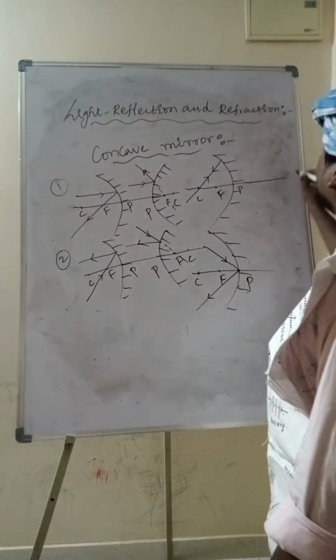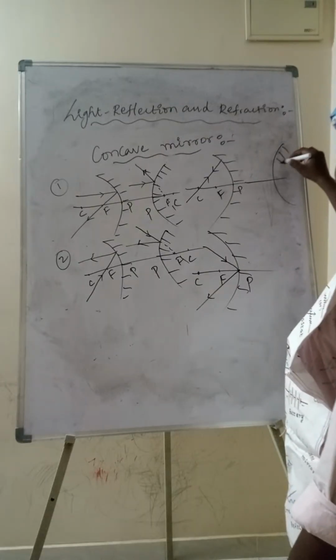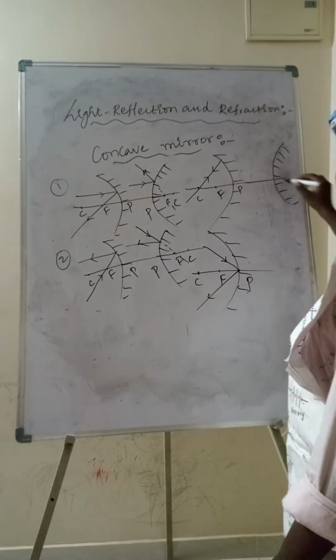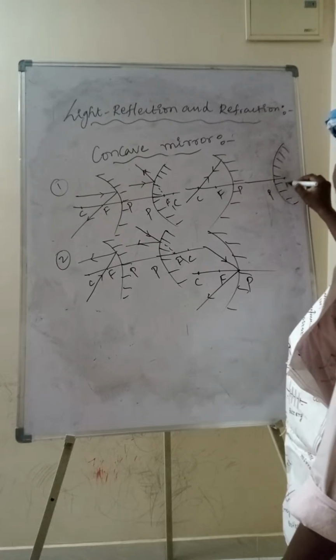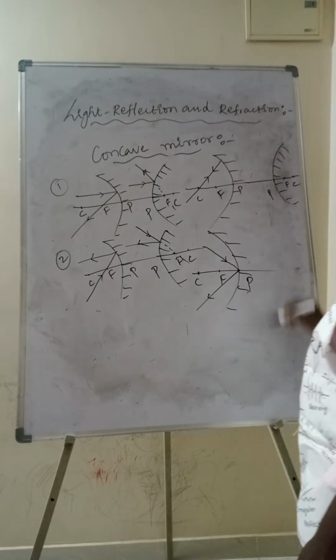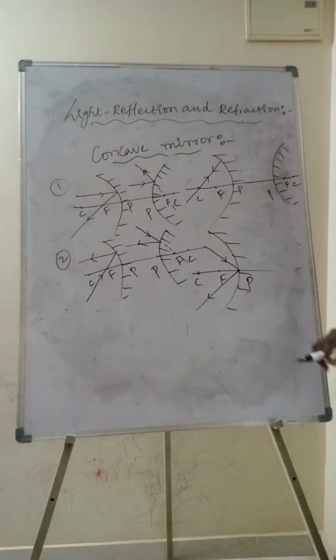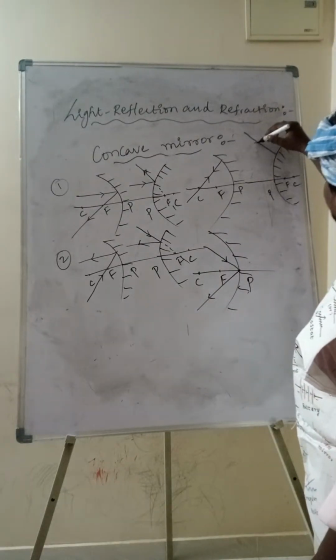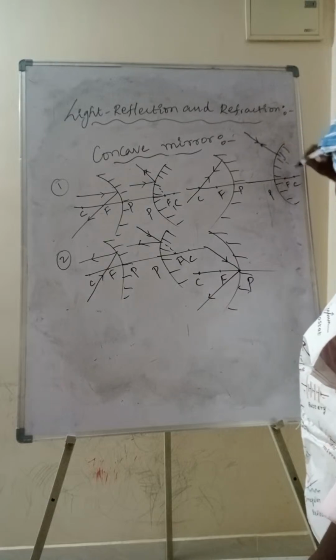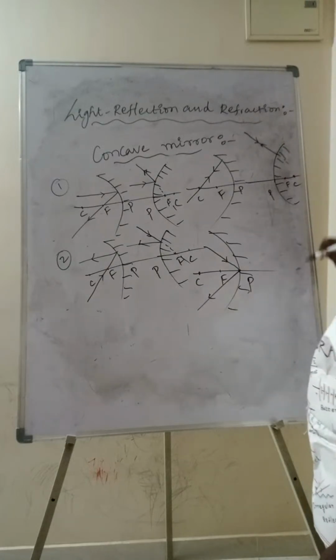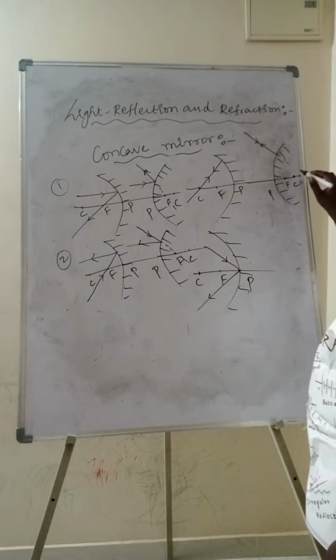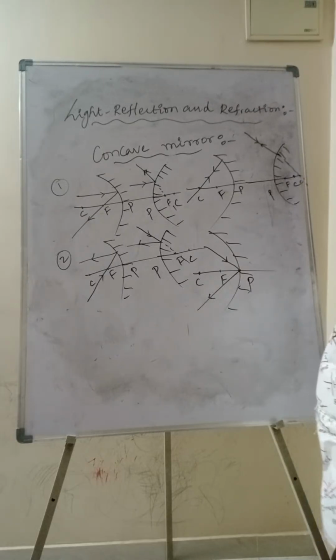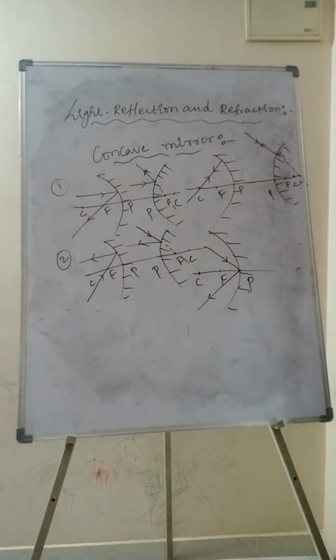And here I am considering the concave mirror, with pole, focus, center of curvature. A light ray incident at the center of curvature reflects back, so it passes through center of curvature.